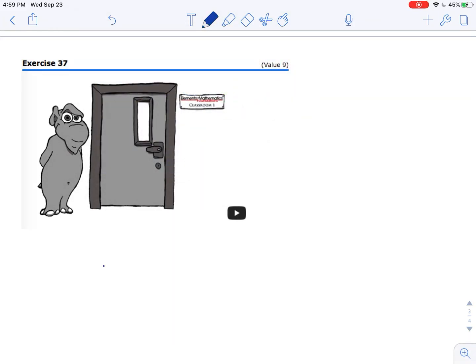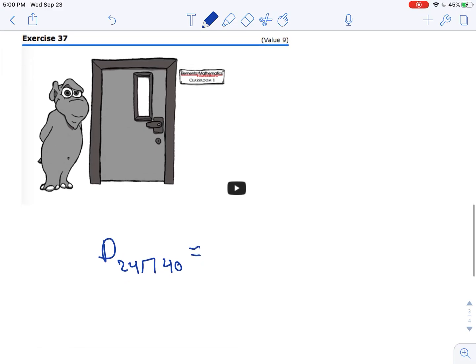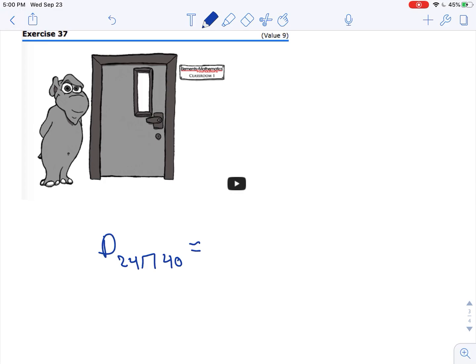So, let me do another example like what I was doing up above. I'm asking for this right here: the divisors of the greatest common factor of 24 and 40. This particular problem can be answered rather simply. Say the divisors of 24.